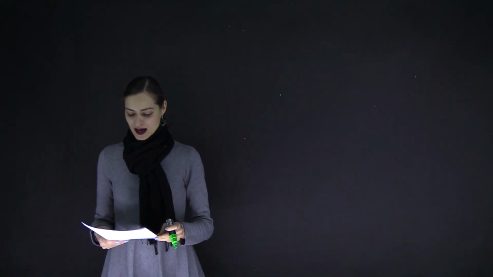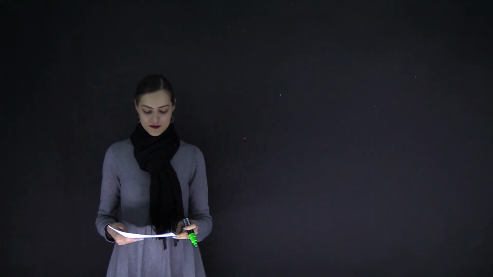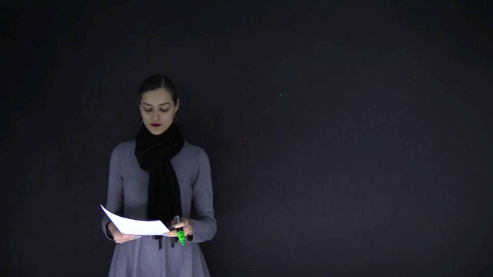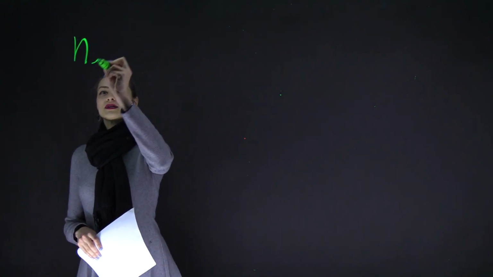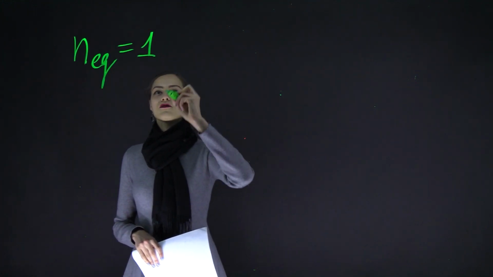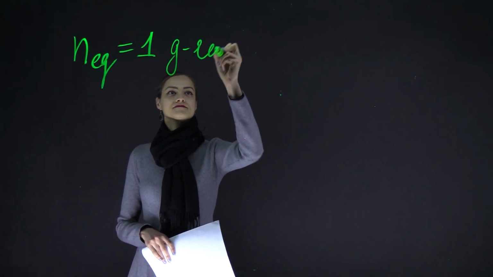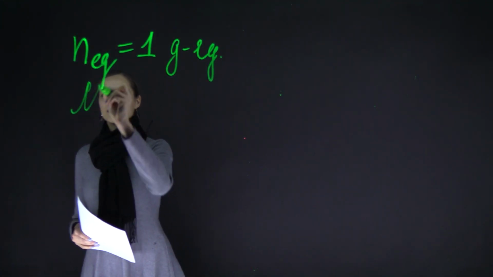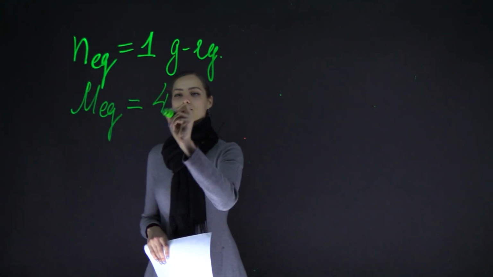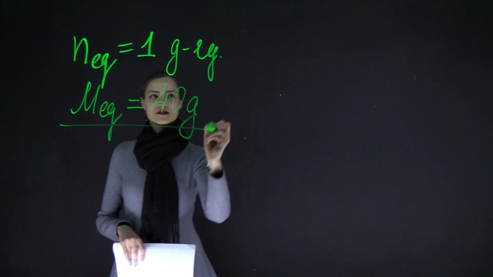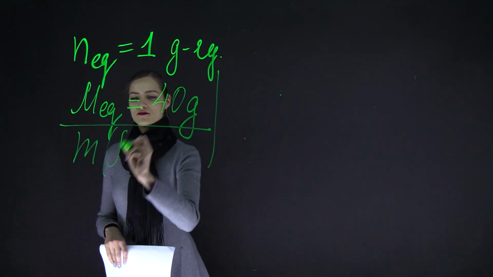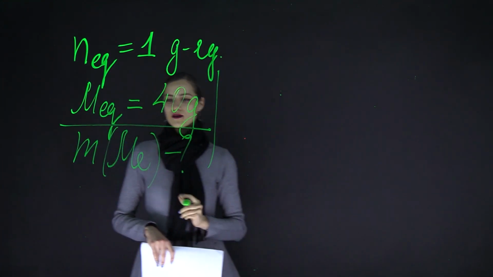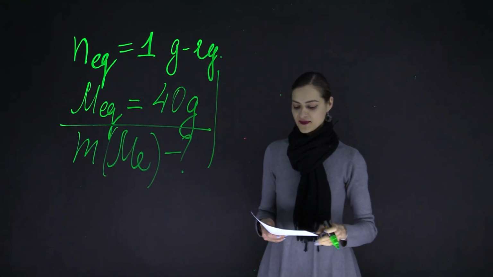First task. The combustion reaction of a metal produces one equivalent of oxide, and we need to calculate the mass of metal required for this reaction. So, we have one equivalent of metal oxide, and we know that the equivalent mass of this oxide equals 40 grams. Our task is to calculate the mass of metal participating in this reaction.